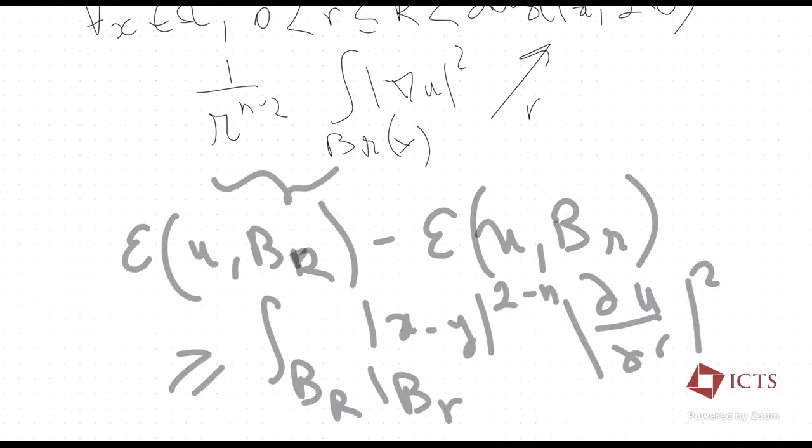So it's not a hard monotonicity formula that you can find, for instance, in free boundary problems. It's a much more straightforward computation. So it has a very quick consequence.